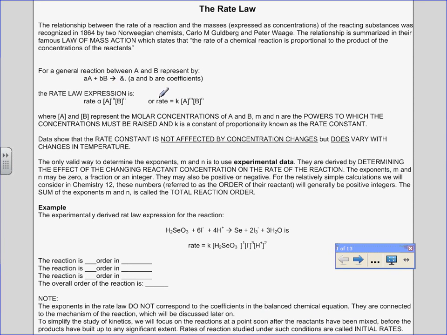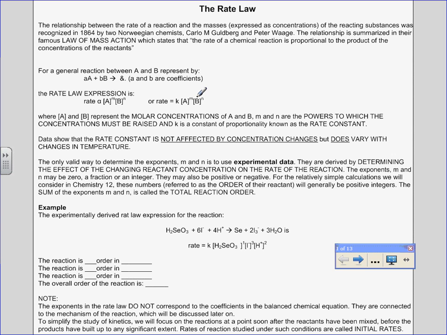So this equation that we have right now shows us that the rate is dependent on the concentration of the reactants. Now what you'll notice is that there are powers that the concentrations are raised to. And this is what we are going to be looking into in more detail.